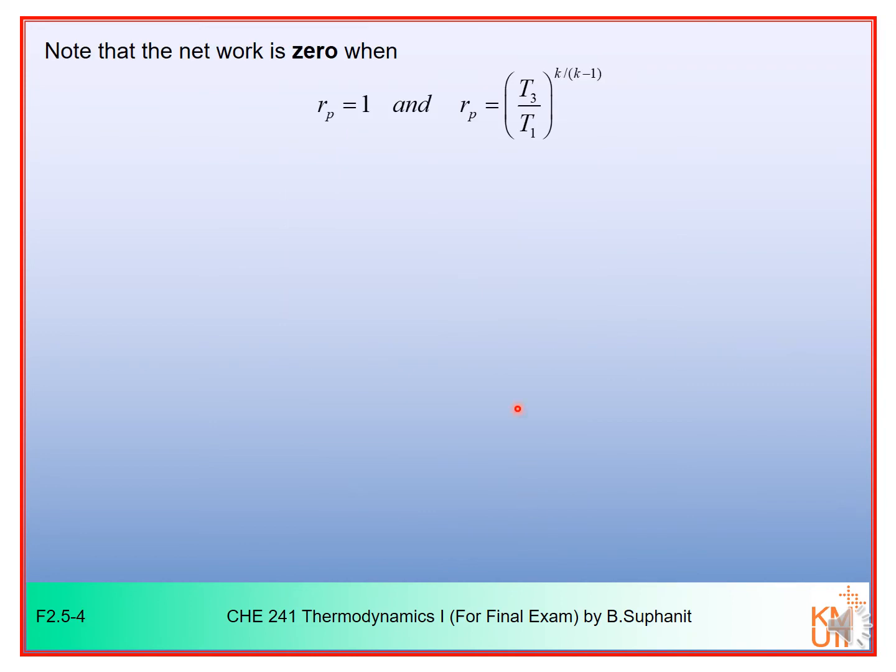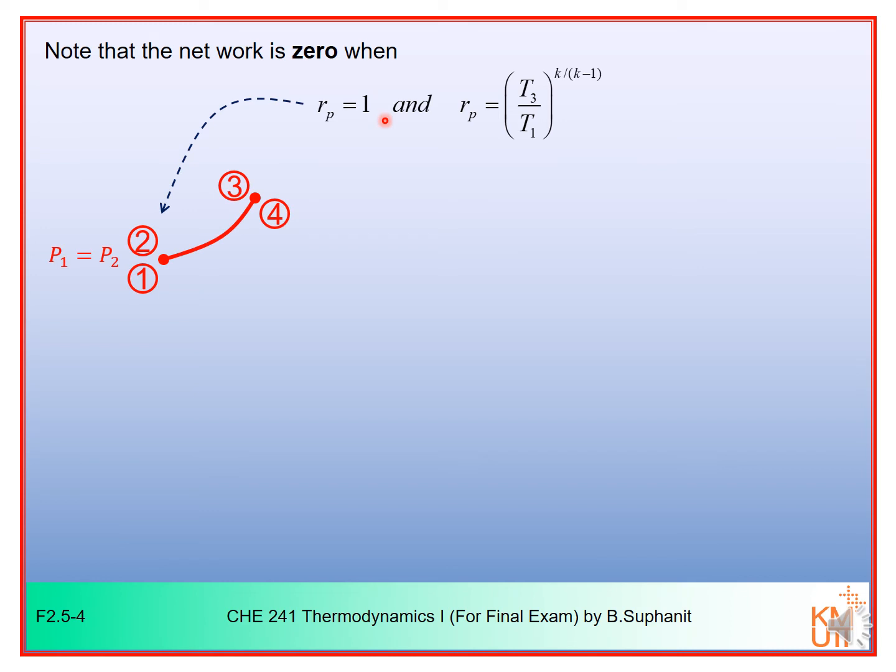Now, let's have a look at the conditions in which we have zero net work before we try to determine the condition which gives the maximum net work. The net work will be 0 if RP equals 1, which means we don't have compression or expansion at all. The cycle will be just a single line on an isobar.